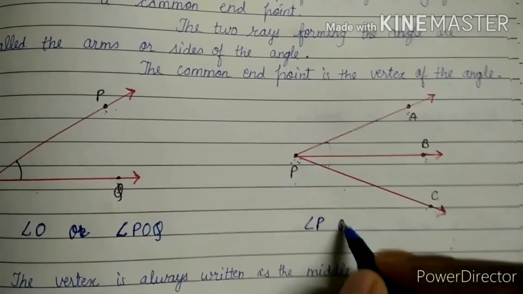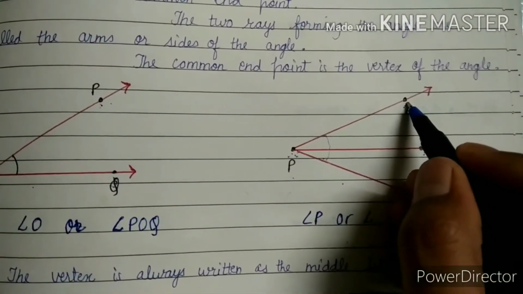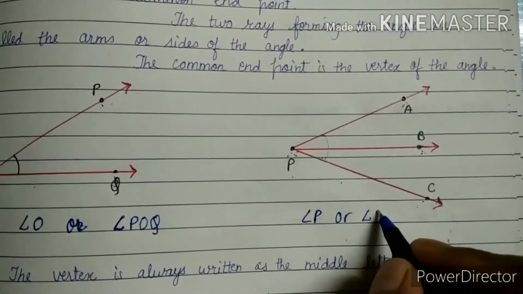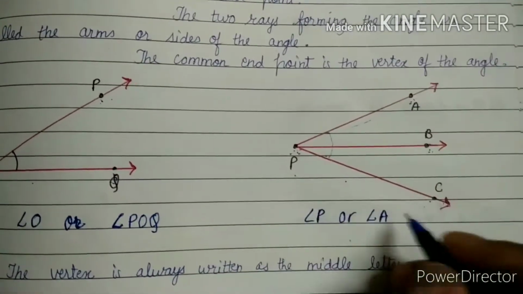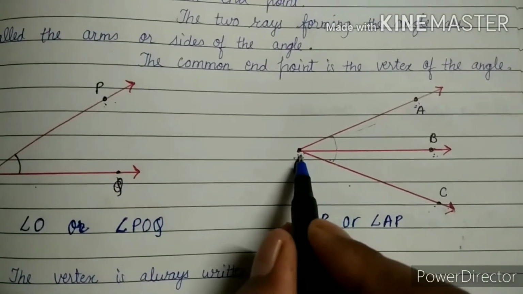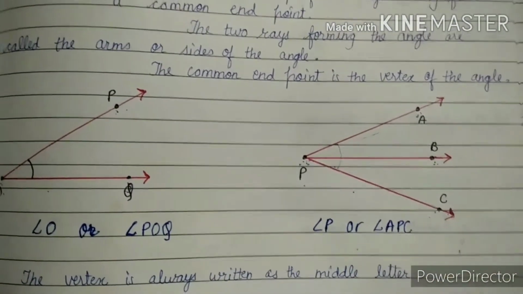Its second name will start from A. Moving from A, P will come, and then on the last ray, C will come.